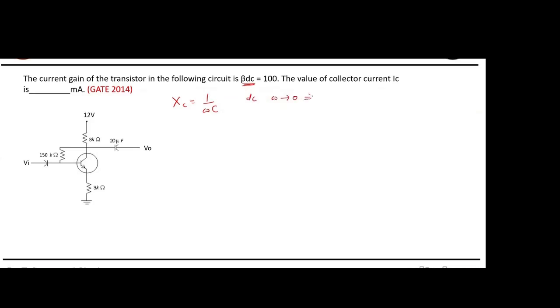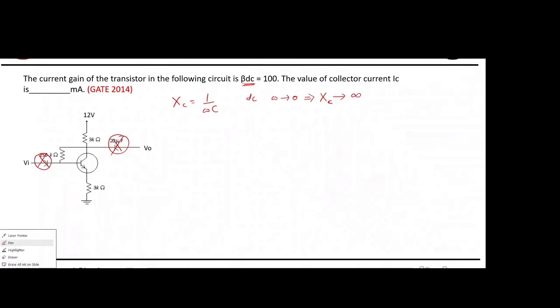So since omega tends to 0, Xc will tend to what? Infinity. Good. So if Xc tends to infinity, for the DC analysis, we can remove this. Now the circuit looks simpler. Yes or no?